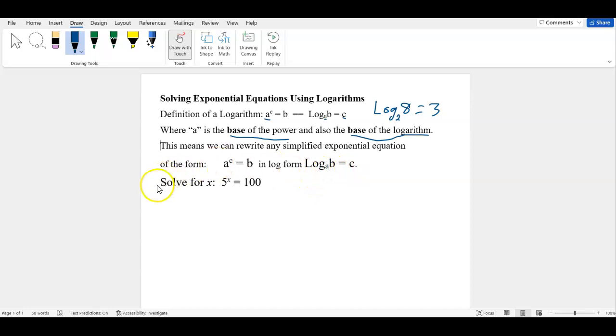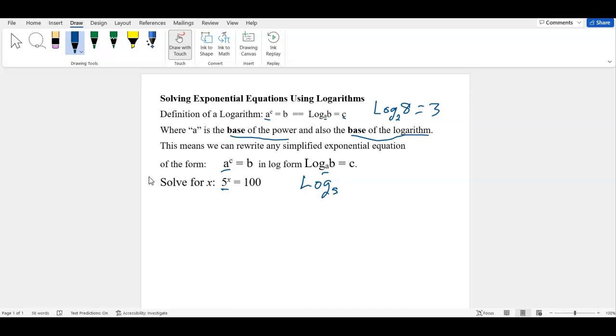That comes in handy when we solve equations like this, 5 to the x power equals 100. Notice that 5 is the base, just like a is the base. X is the exponent, similar to how c is the exponent here. And then 100 is the power. 5 to the x is equal to 100. So in log form, the base here is 5.